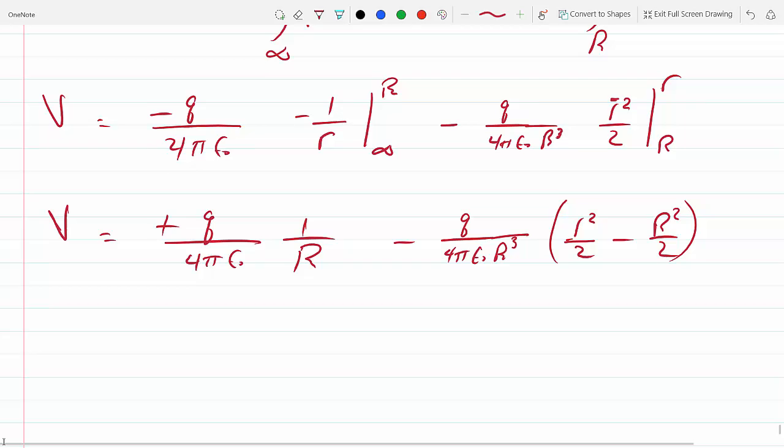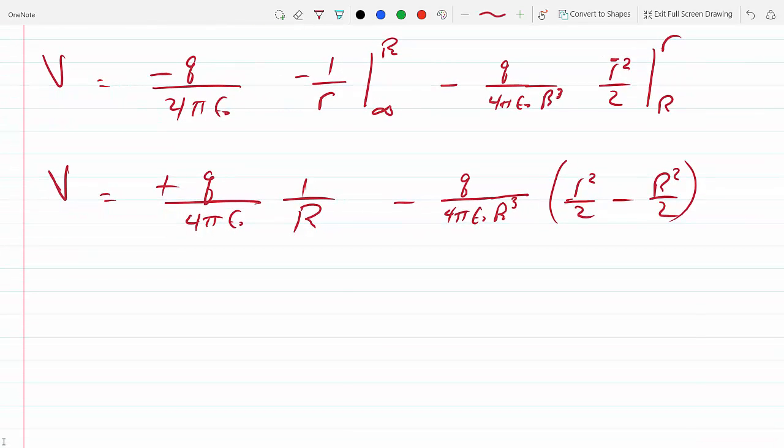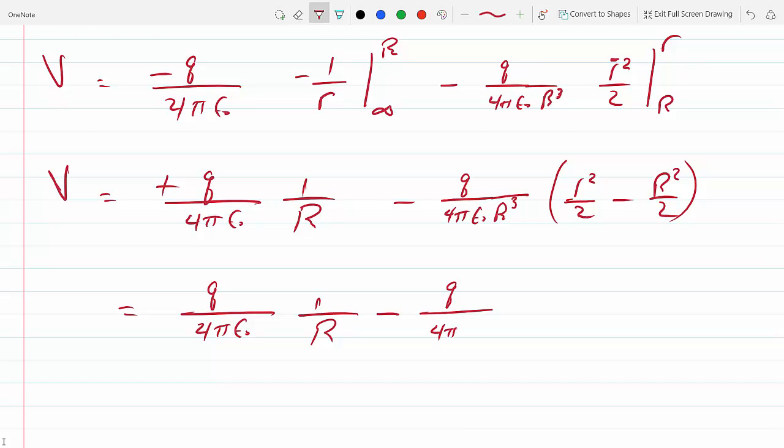And let's see here, if we simplify this, what do we get? Let's go with this inside. Q over 4 pi epsilon 1 over R minus Q over 4 pi epsilon R cubed times r squared over 2 plus Q over 4 pi epsilon 1 over 2R.